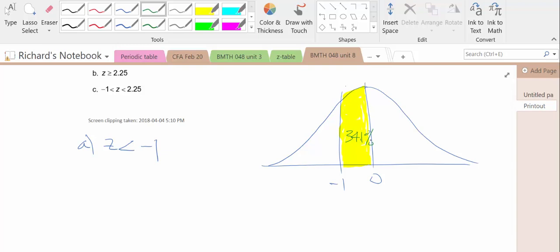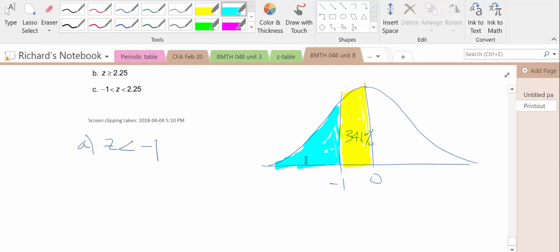Well, 50% of the values are less than the mean. 50% of the values are more than the mean. So since 50% of the values are less than the mean, if I subtract off the values between 0 and minus 1 from all the values that lie between negative infinity and 0, I'll figure out this portion of the curve here. So once again, everything below 0 is 50% of the data.